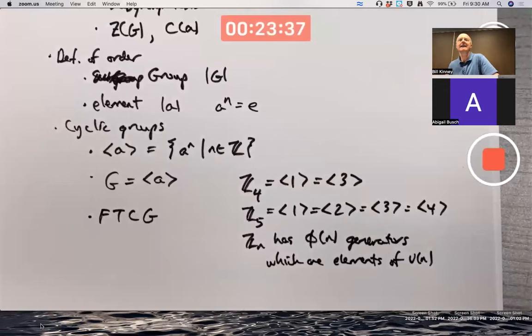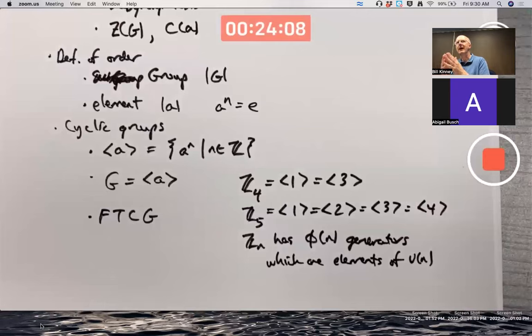What does it say? You've got a cyclic group of order n. I'm not going to write it out. For each divisor of n, there's exactly one subgroup of that order. It's in part a generalization of Lagrange's theorem, which we haven't gotten to yet. Or specialization of Lagrange's theorem might be a better way to say it, for cyclic groups.